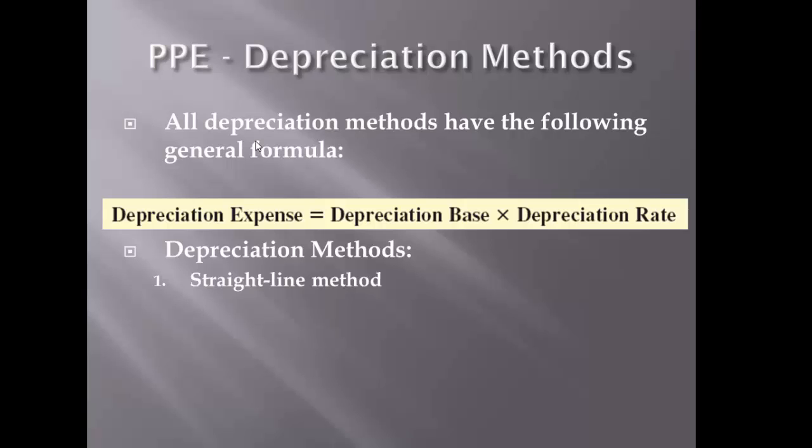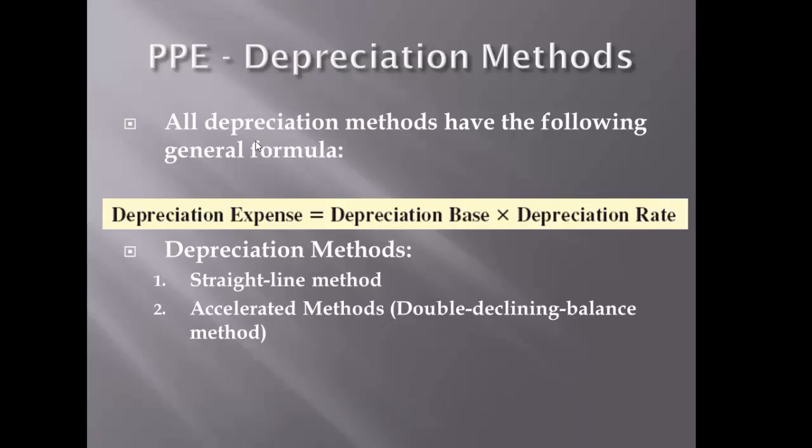Now, we also have accelerated methods of depreciation. Now, the accelerated depreciation methods, for example, double declining balance method, tends to depreciate the asset by larger amounts in the early years. Now, the primary benefit of accelerated depreciation relates to tax reporting.